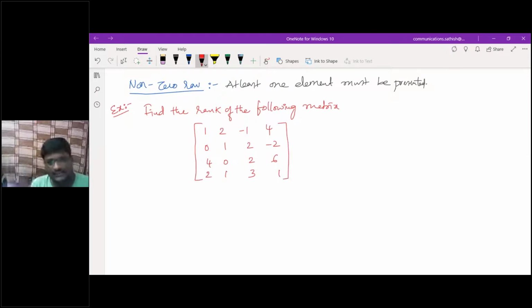This is the matrix they had given. I will explain this, so try to listen, ma. Then next problems you will do.